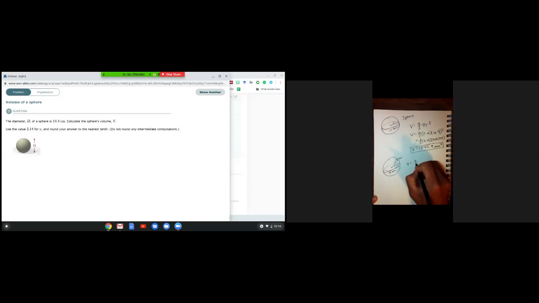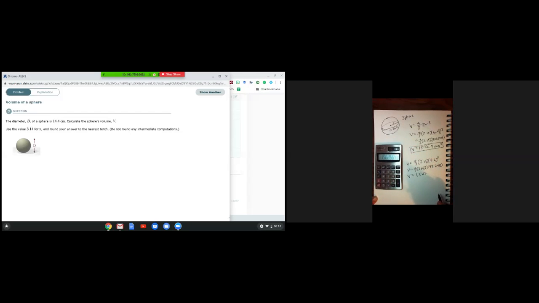So our volume, 4/3 times 3.14 again, times 7.2 cubed. 7.2 cubed is a large number that we're keeping all of the decimal points for because we are not rounding intermediate computations. 373.248 times 3.14 times 4 divided by 3 equals our final volume of 1,562.